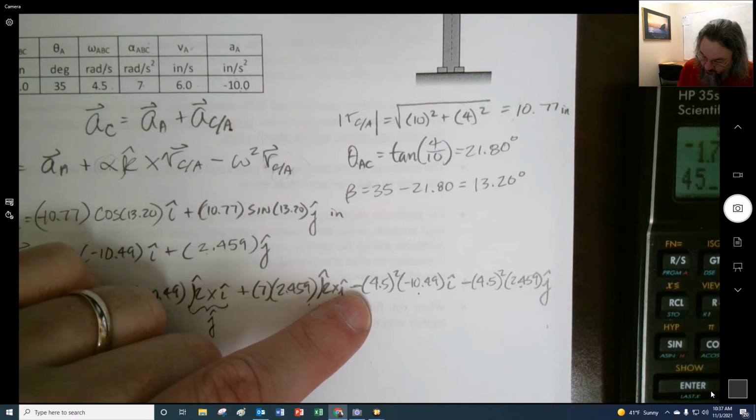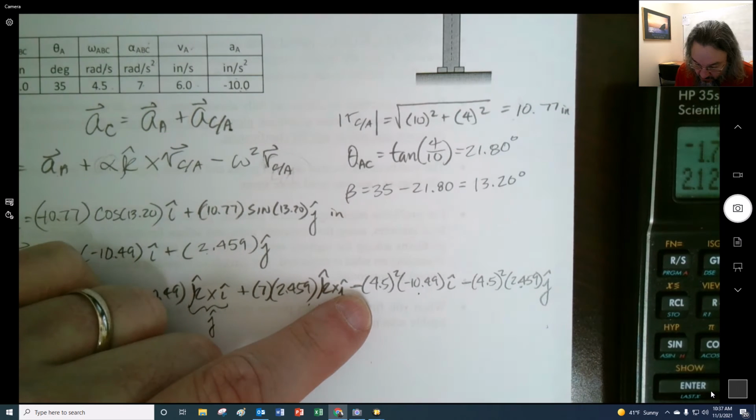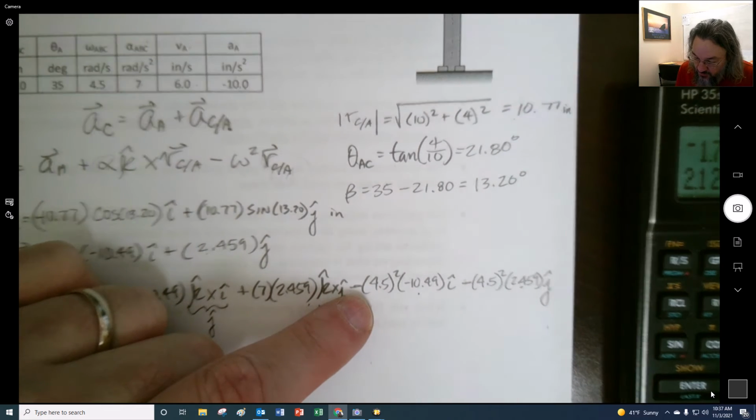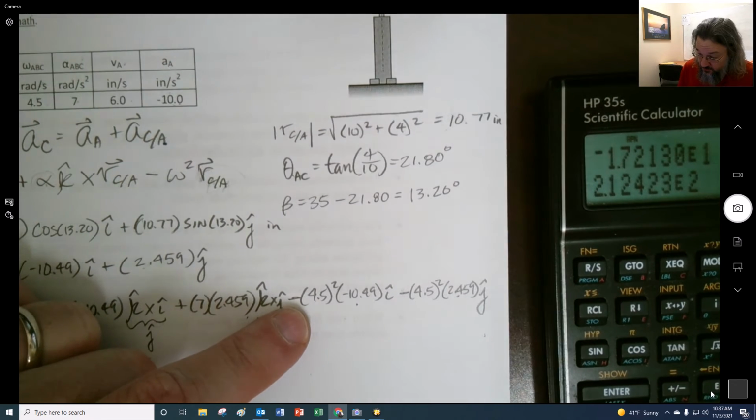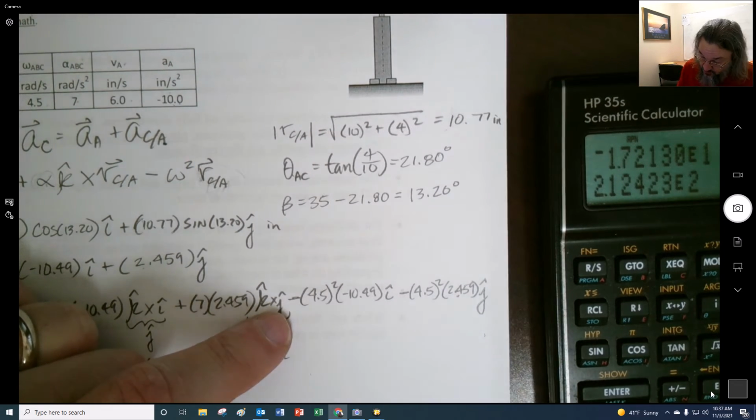So we have 4.5 squared and 10.49. We're multiplying it by there. I think I did something wrong here. Wait a minute, double check here. 4.5 squared, yes, okay, times 10.49. Yeah, okay, good. So we have 212, but that's positive, so we're going to add them.